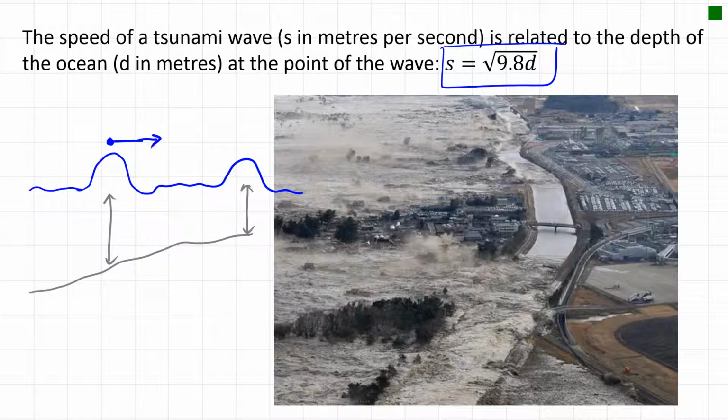So it travels faster in deep water, and then as the depth decreases, the speed will decrease as it gets closer and closer to shore.